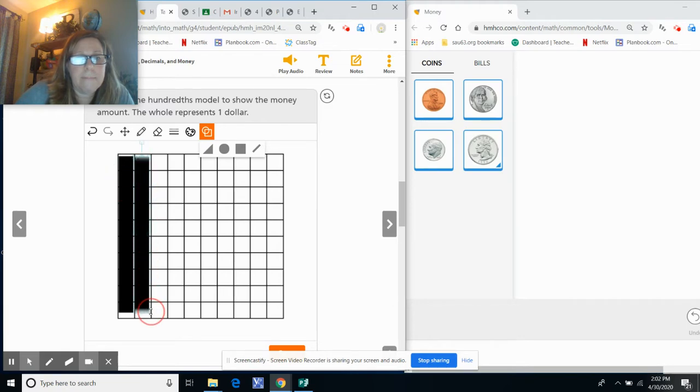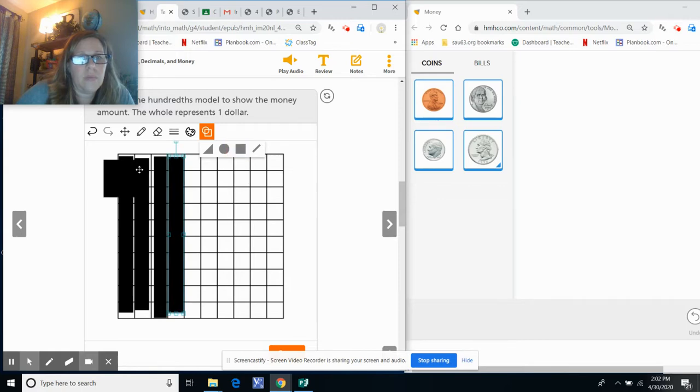20, 30, 40, and let's do one more to represent 50 out of the 100.